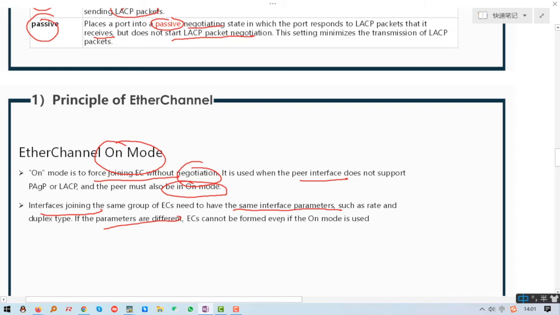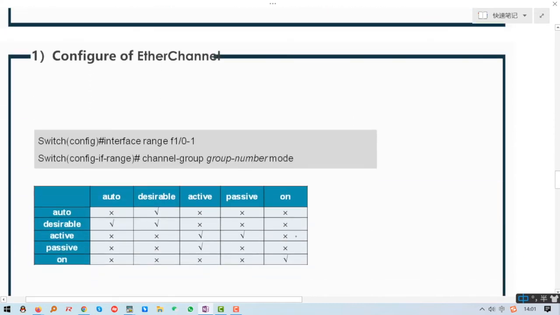So we can say that the table is the mode negotiation of EtherChannel. Auto and desirable can be successfully negotiated and aggregated, and these two modes belong to PAGP, and active and passive belong to LACP.